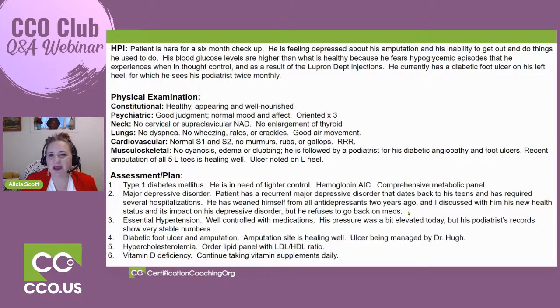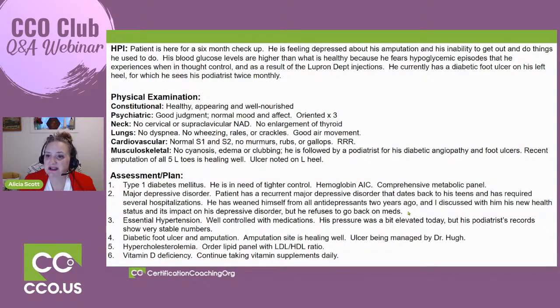So again, we have the physical exam that said that he had normal mood and affect. That's kind of versus the HPI, where it says he's feeling depressed. So this would be recurrent major depressive disorder that dates back to his teens, and he's had several hospitalizations.